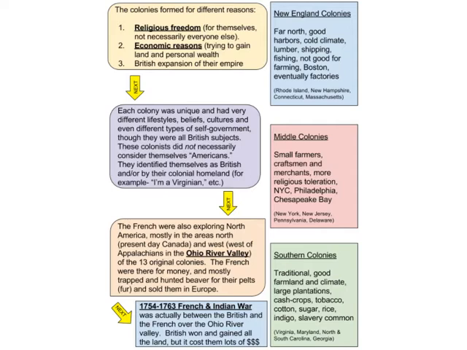Well, the French and the British were both starting to push on each other for this land, specifically over the Ohio River Valley, where the French were, and the British wanted to move west into this land. So in 1754, the French and Indian War began, and it was actually between the British and the French. Don't get that confused. The French and Indian War is between the British and the French over the American land.